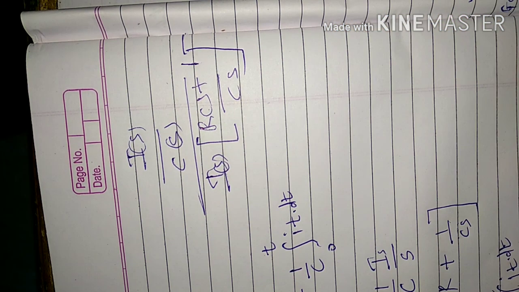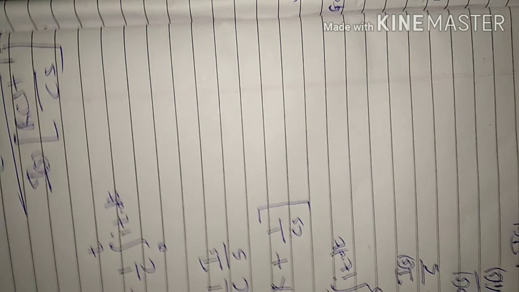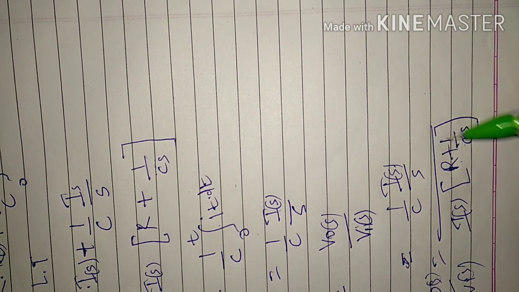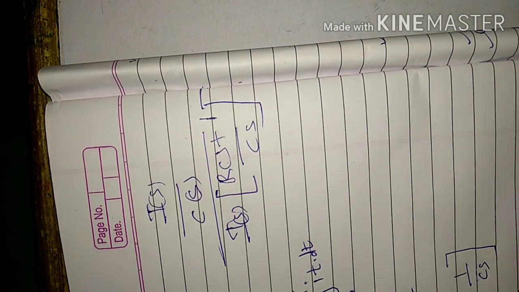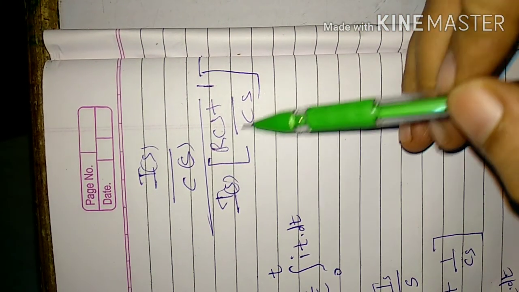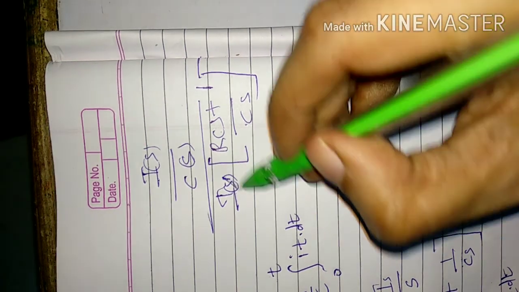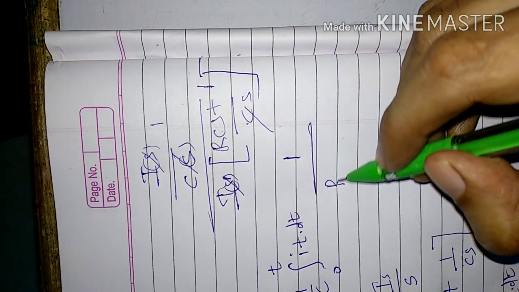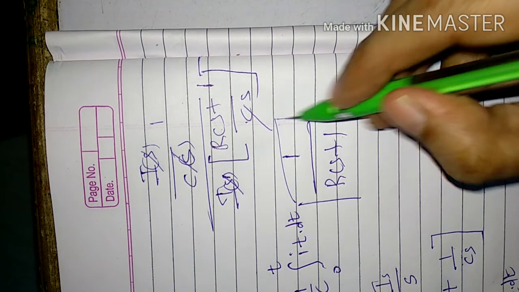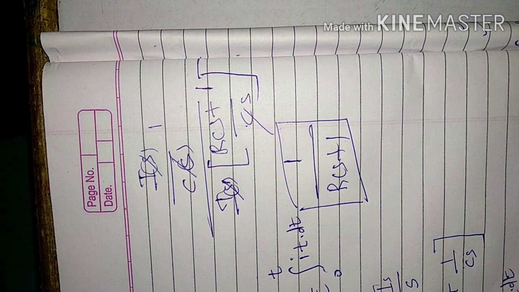We are taking the LCM of this equation, multiplying RC and 1 by CS. So it will become CS times RCS plus 1. Then I(s) cancels, and 1 remains. So 1 upon RCS plus 1.